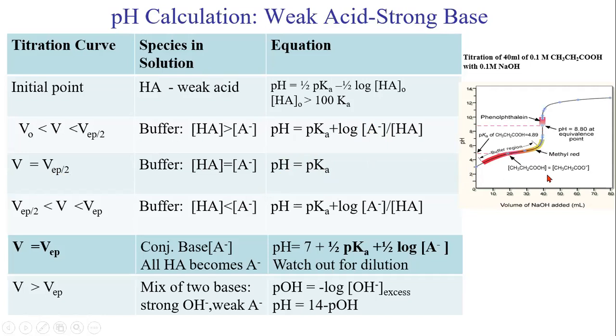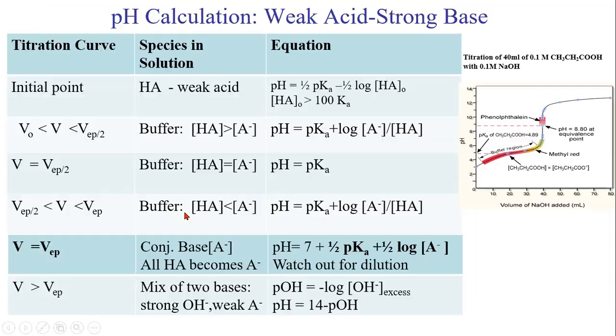So if my equivalence point was, say, 40 milliliters, at 20 mLs, this is a point which I could right away put on, pH equals pKa, without actually doing any calculation. And when you're drawing the curve, you go upwards like this, concave up, and then you switch concavity. In this case, you start going like this, or sorry, this is concave down, and then switching the concavity slightly after that.